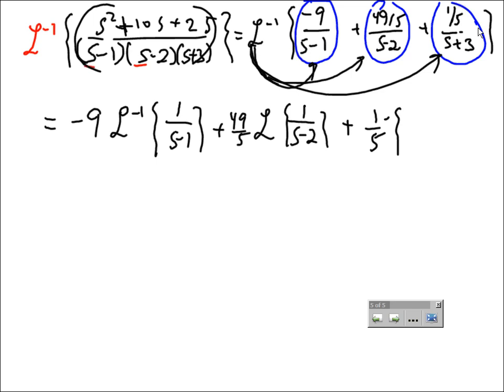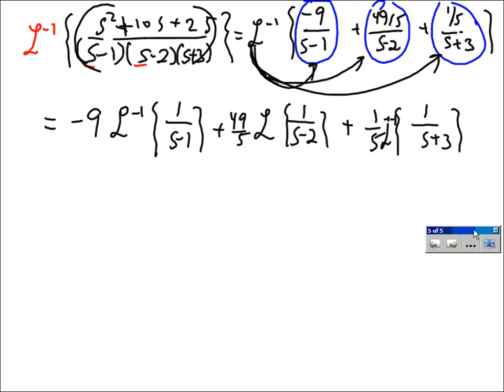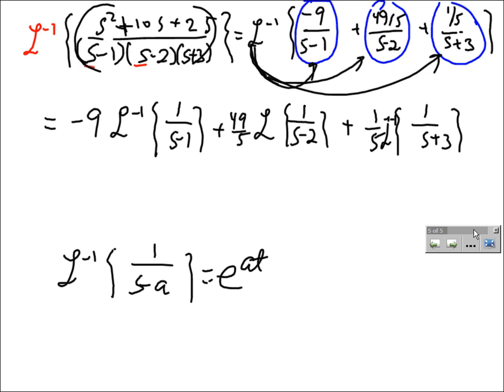So it's 1/5 inverse transform of 1 over s plus 3. But remember, we know the inverse of 1 over s minus a. It's e to the at. So a is what comes after s minus. That's a.